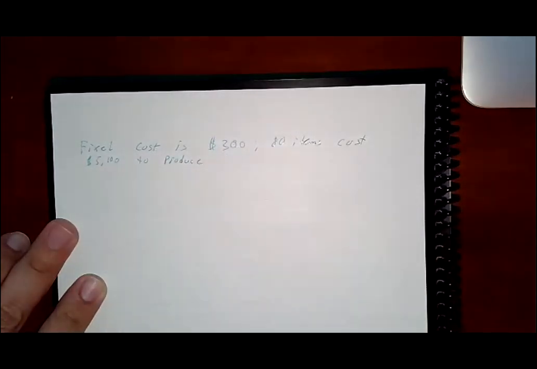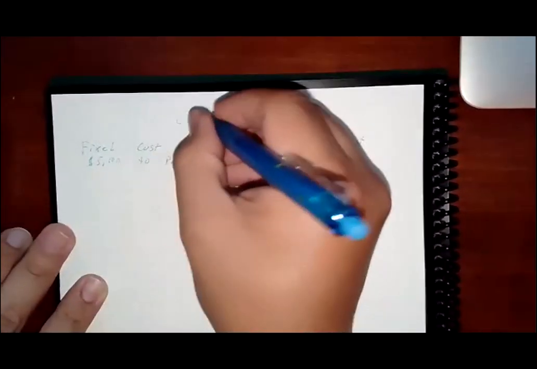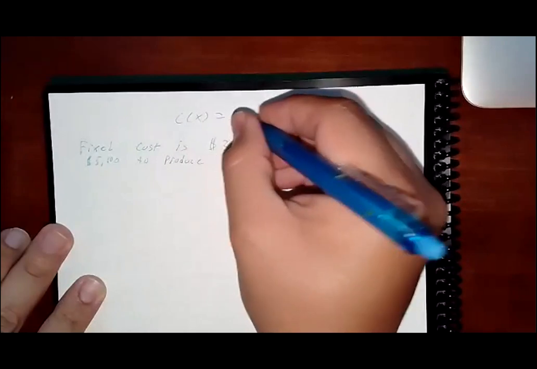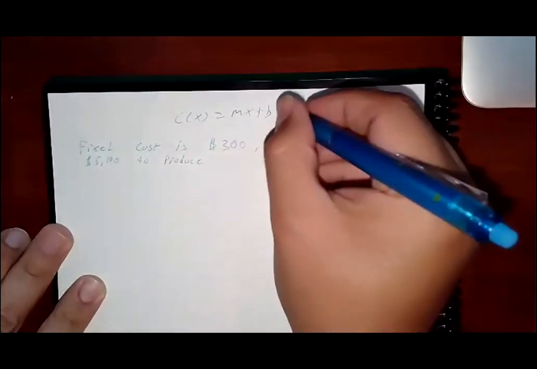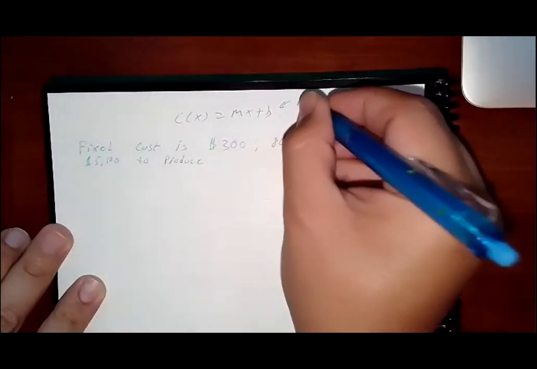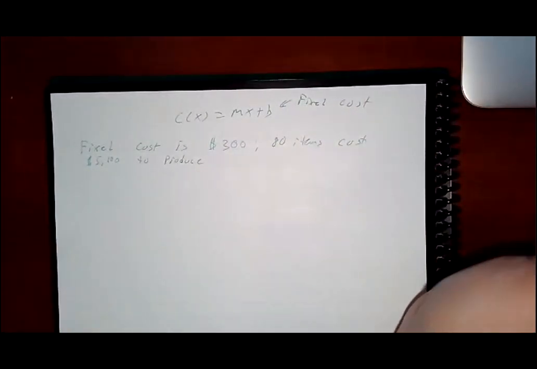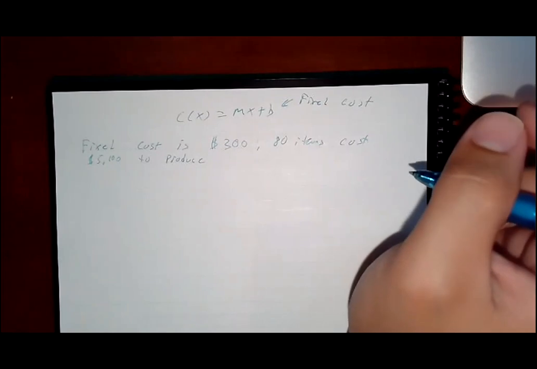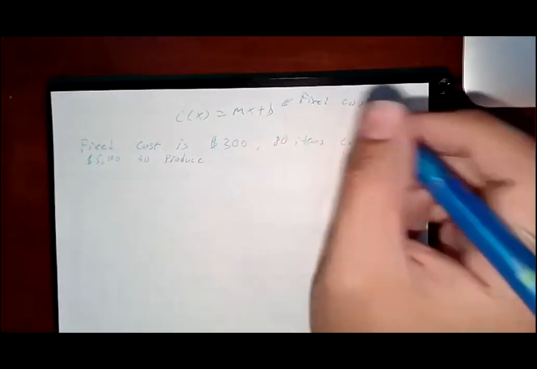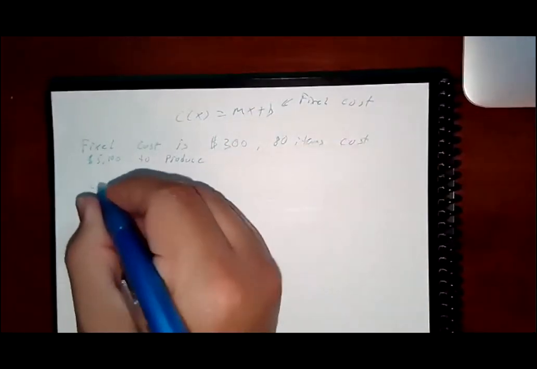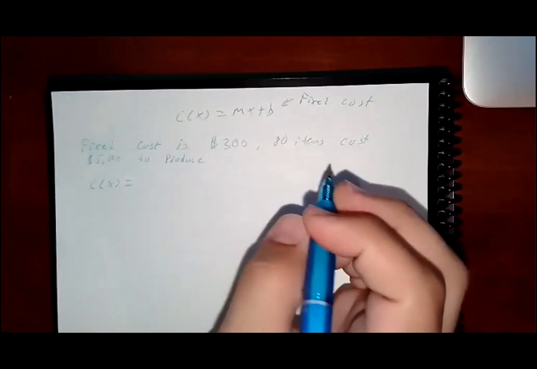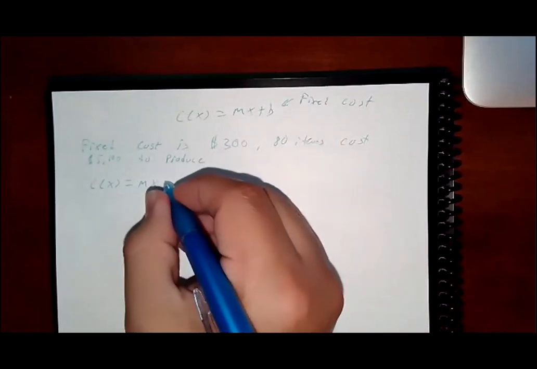Yeah, okay, so remember the cost function, C(x) equals mx plus b. Just saying that this is the fixed cost, right? So we have fixed. We do not have m. We're going to have to solve for that. So C(x) is equal to mx plus $300.